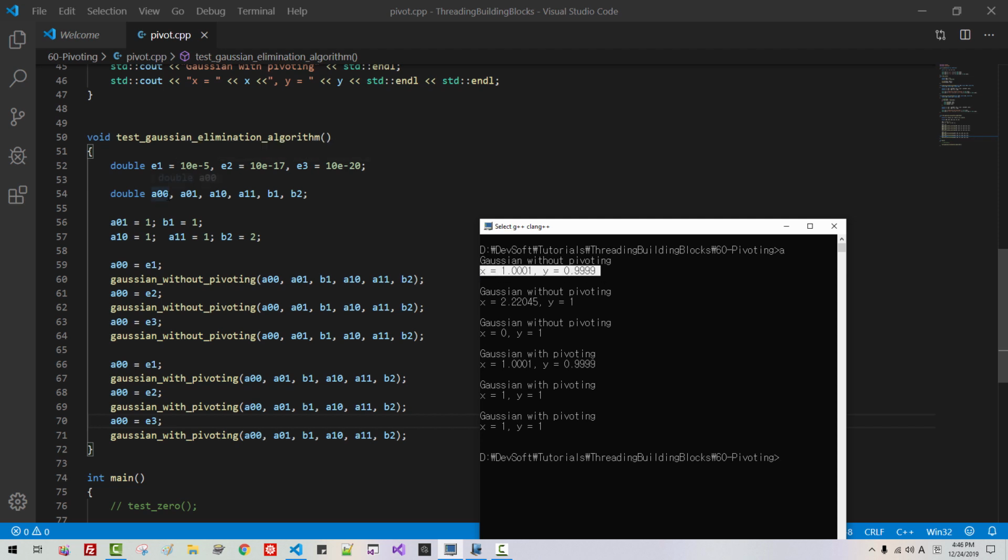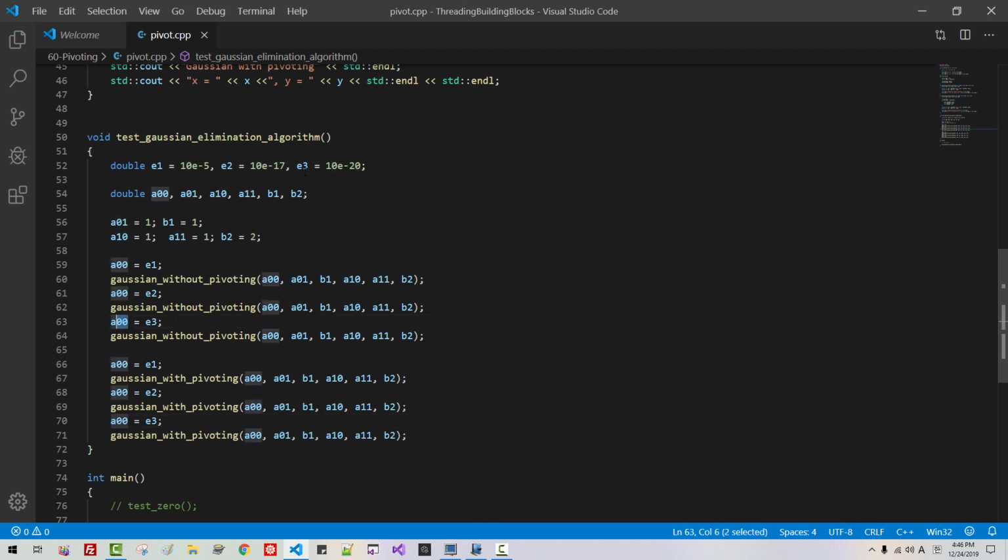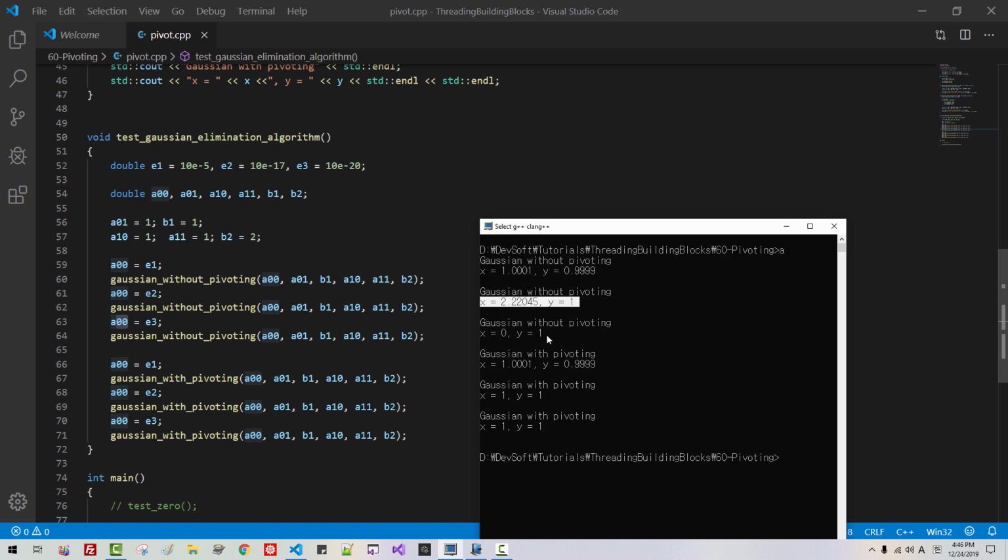When A00 is E2, 10e minus 17, this is totally wrong. When A00 is E3, 10e minus 20, this result is totally wrong.